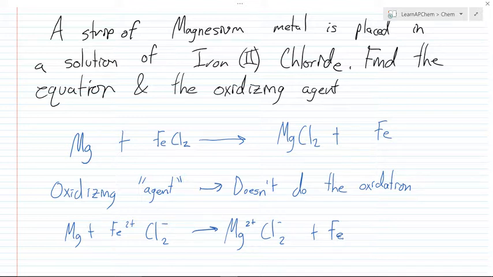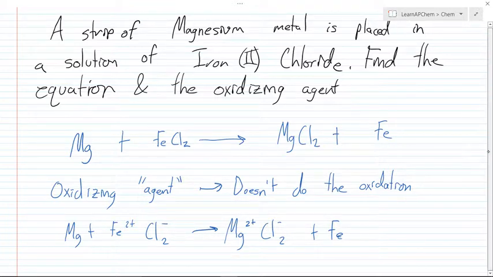This is what's called single replacement. So anytime you see a metal and some other compound with a metal and a non-metal, you can assume that they're going to switch. Oh, okay, like on the equation I'm writing now.